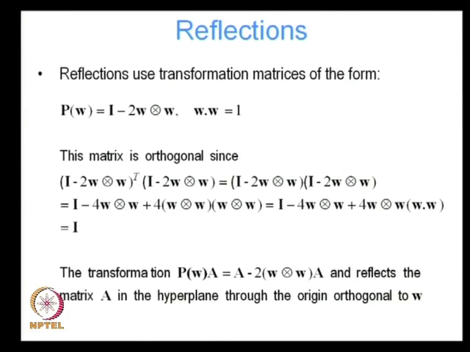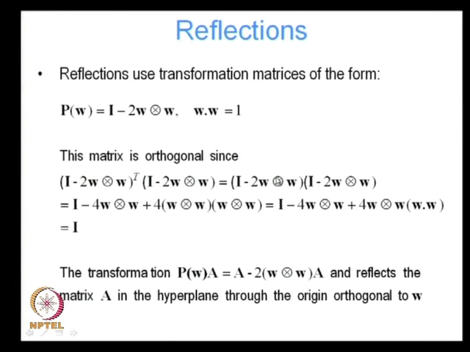Why is this matrix orthogonal? We can show that if I take the product of this matrix with its transpose, I am going to get an identity matrix. I am not going to go into too many details of that, but it is obvious.